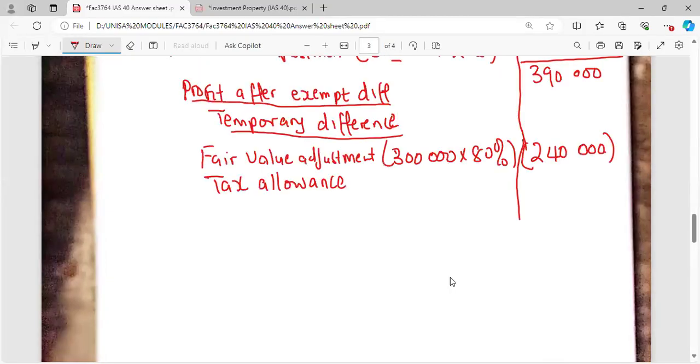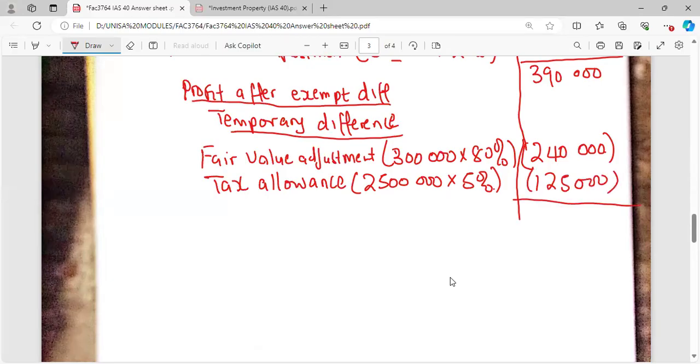So it's going to be 2,500,000 times 5%. How much are we going to have as our tax allowance? 125,000.